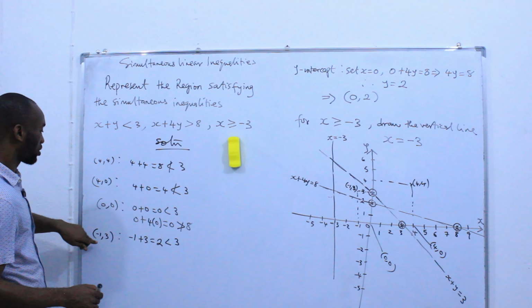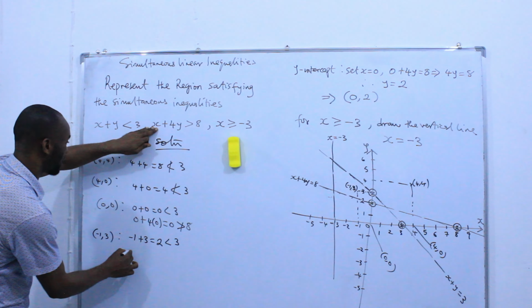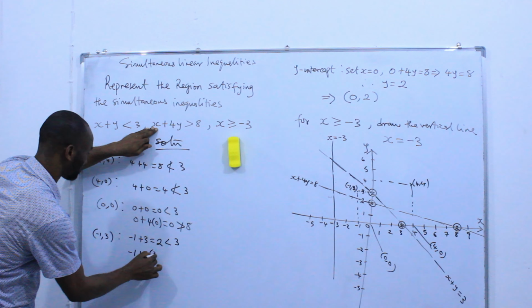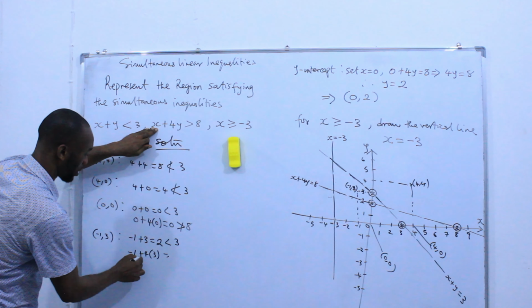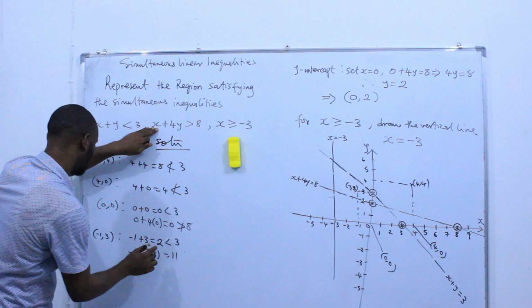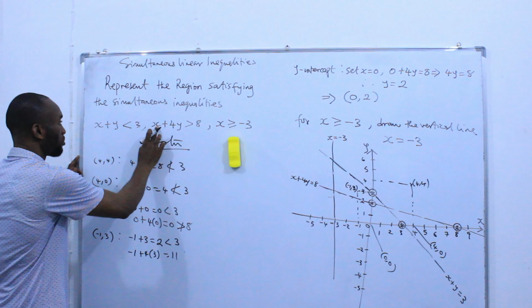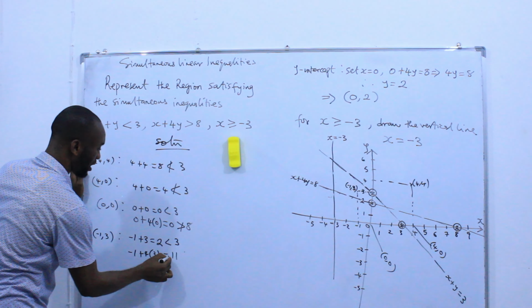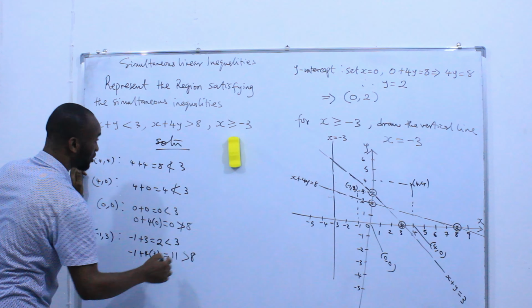Now, if we substitute into this other inequality, we have -1 plus 4 times 3, which is -1 plus 12, which is 11, which is greater than 8, correct?